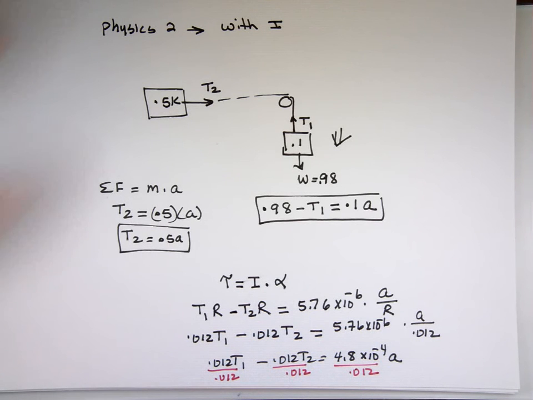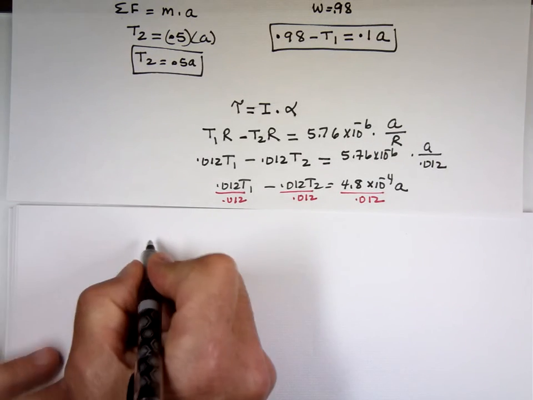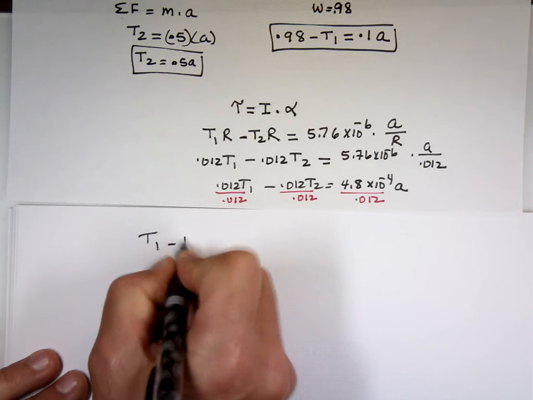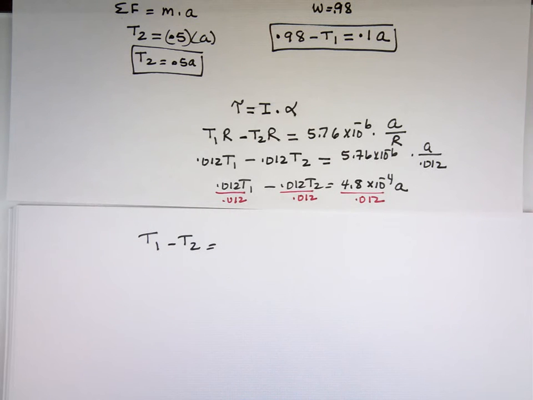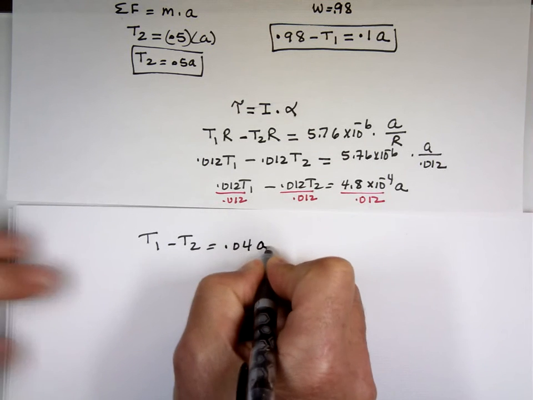If you divide by 0.012, what are you going to have? T1 minus T2 equals 0.04A. And that's my third equation.